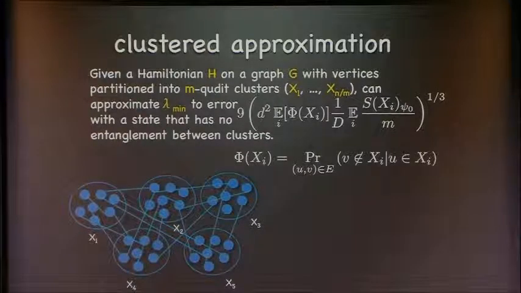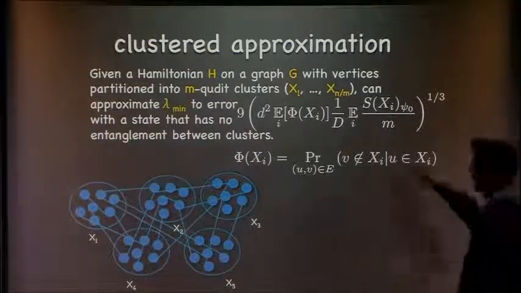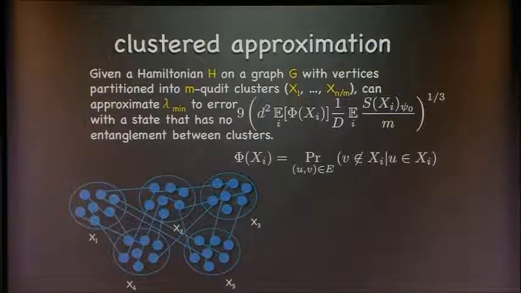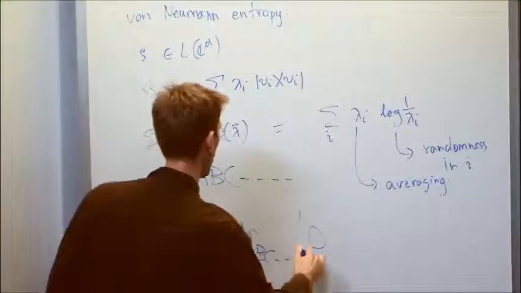I want to explain a little bit this notation. When Ashwin talked about entropy, he wrote it as a function of the density matrix, S of rho. And here I'm writing it as a function of the subsystem. The way to relate those notations is, if you have a density matrix rho on systems A, B, C, and so on, then you can define rho superscript A to be the partial trace over all of the other systems.